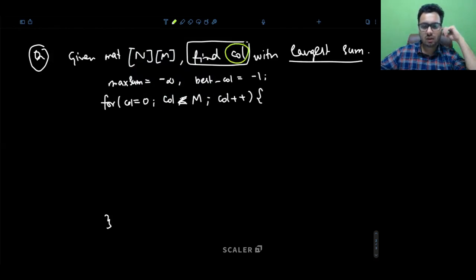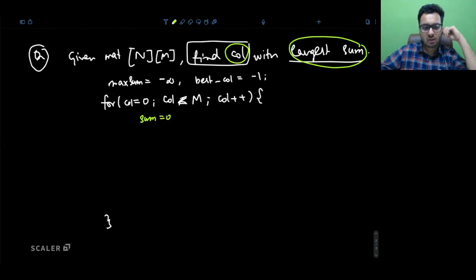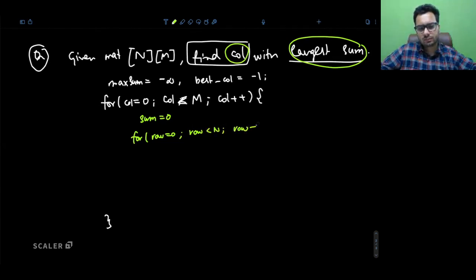So there are a few things to track. We need to find the column. We also need to find what is the largest sum, and we also need to know what is the current sum. So can I say sum is 0 for the current column? Then I iterate over all the rows. So row goes from 0, row is less than n, row plus plus.